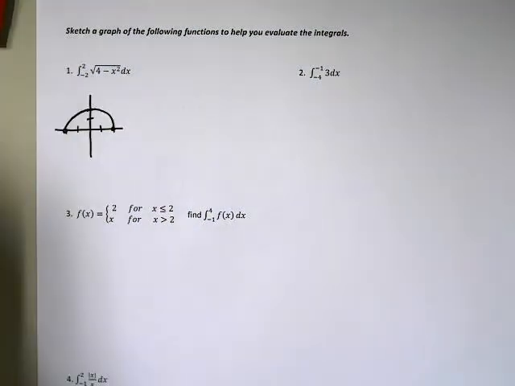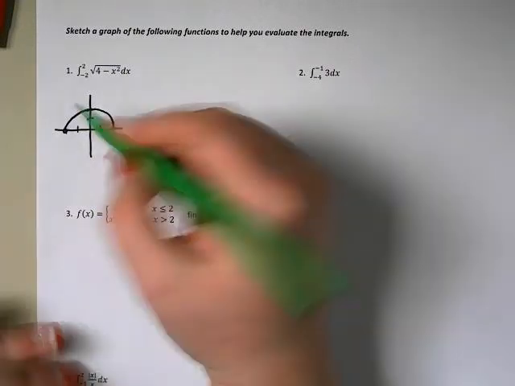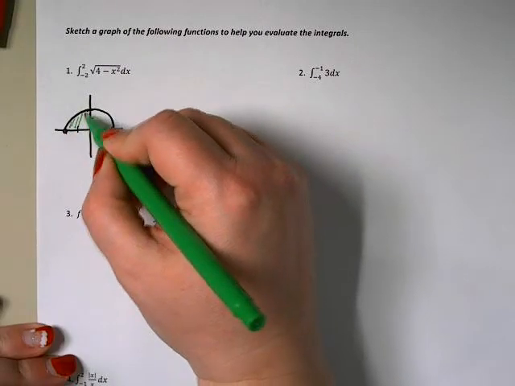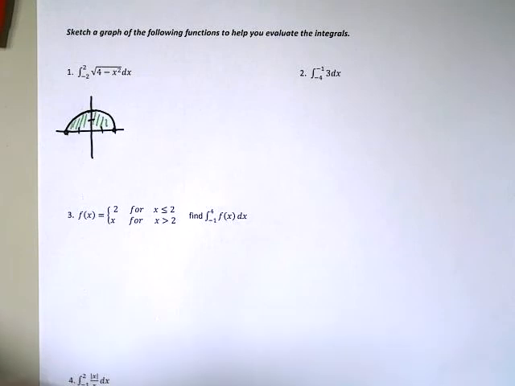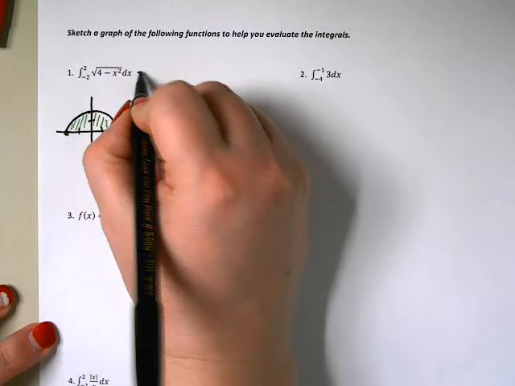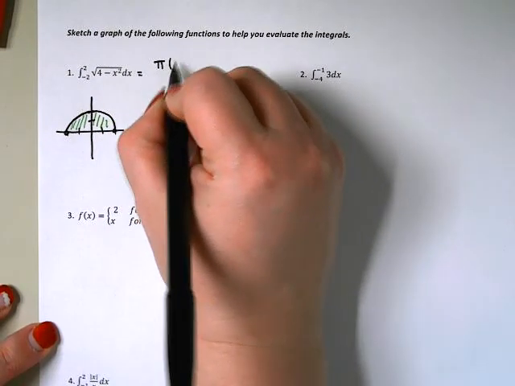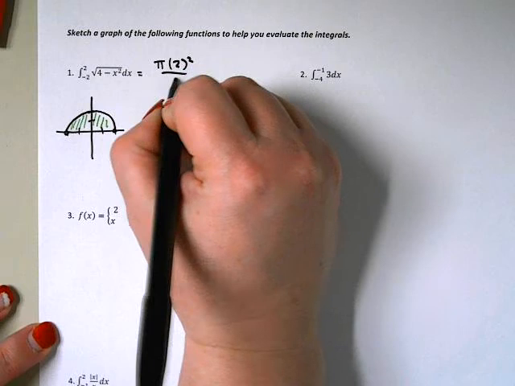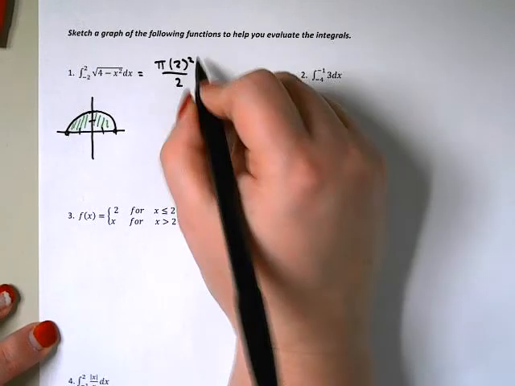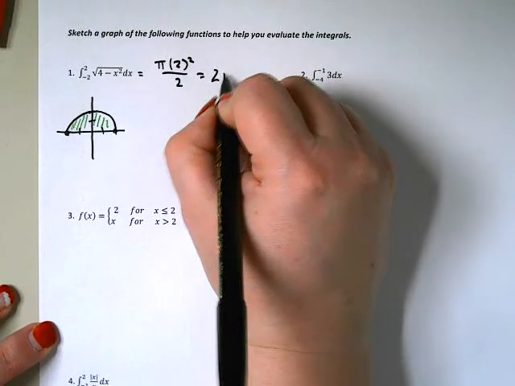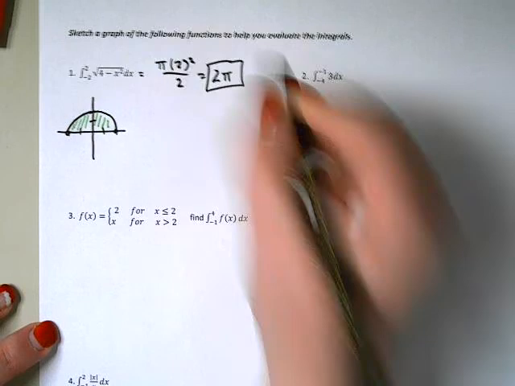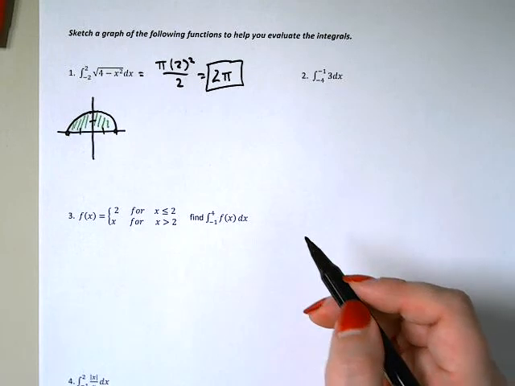If I want the integral from negative 2 to 2, then that means I want this whole thing here, which is this semicircle. So we know that a semicircle would be pi r squared over 2. So it would be 4 pi over 2, which is 2 pi. And it's a positive 2 pi because it is above the x-axis.